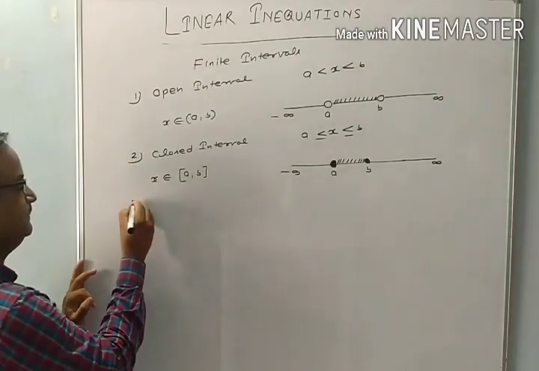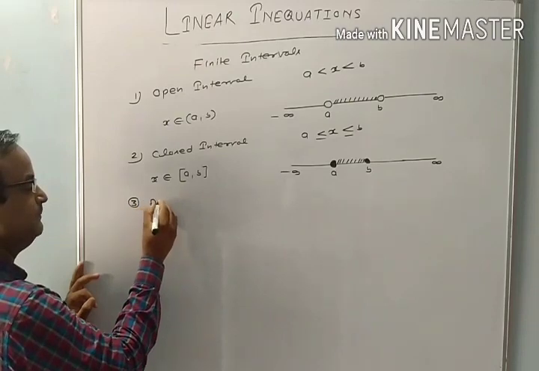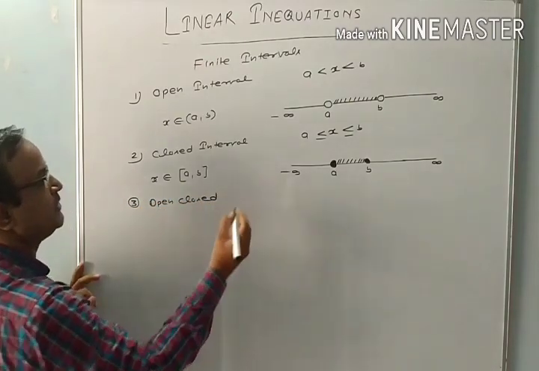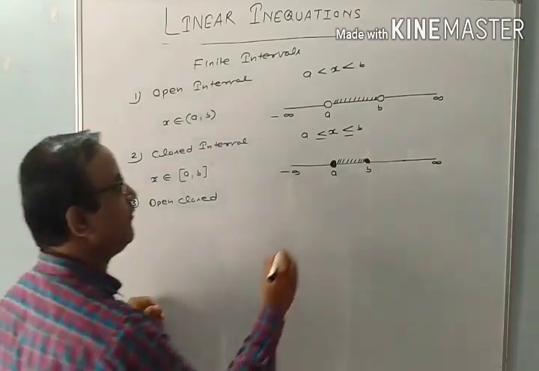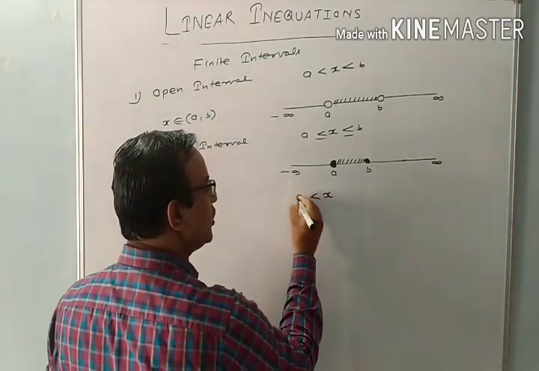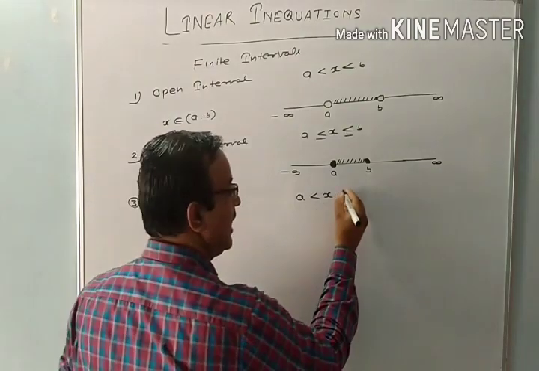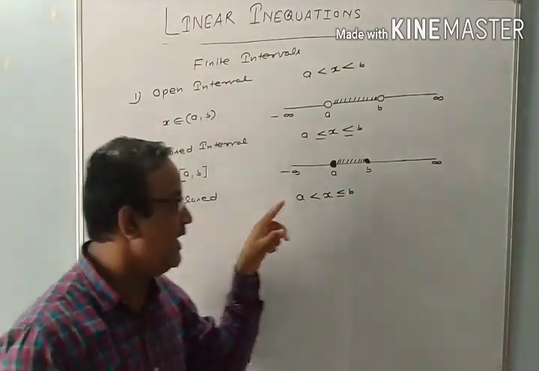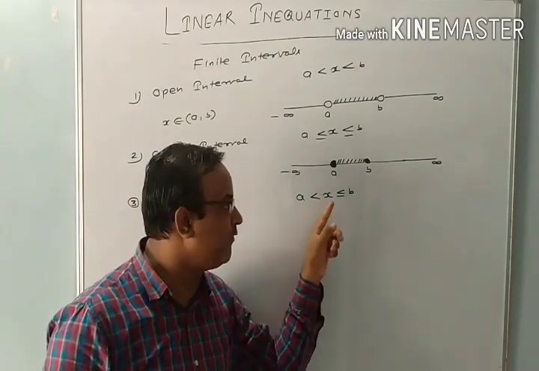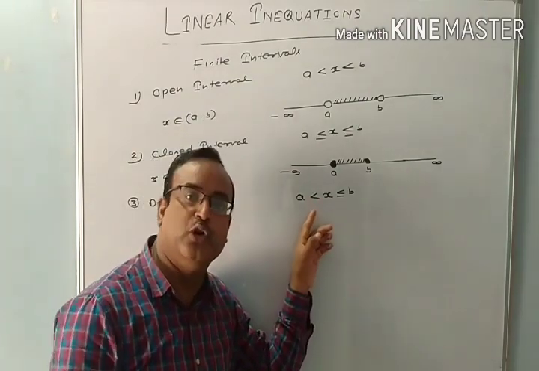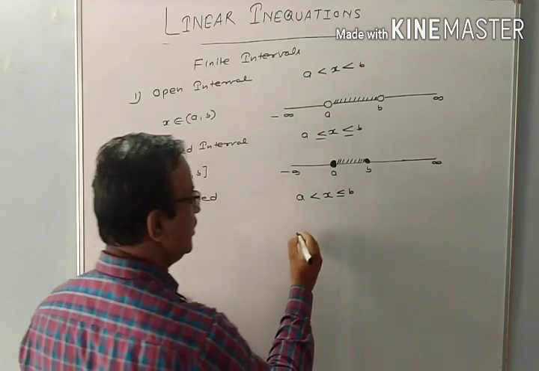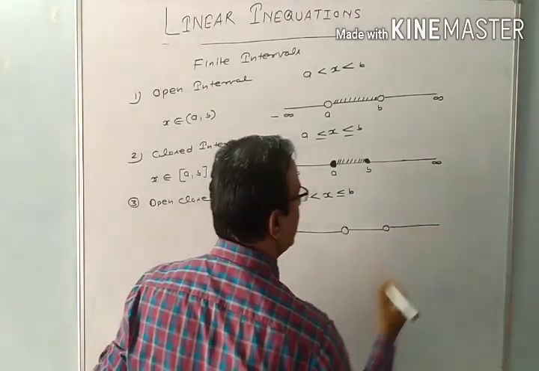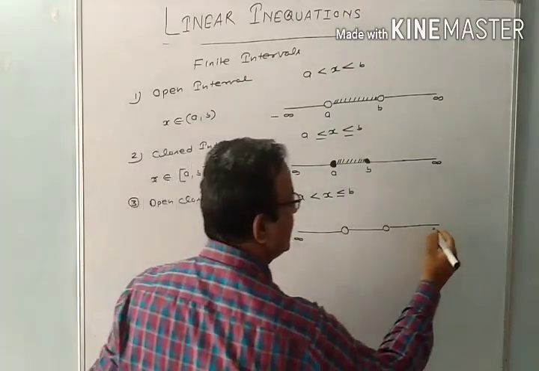Now third, open closed interval, where the value of x is more than a, less than b, and also equal to b. The value of x lies between a and b. The value of x is not equal to a but equal to b, and when we represent it on the number line, we write from minus infinity to plus infinity.